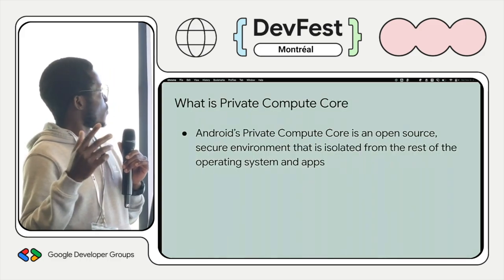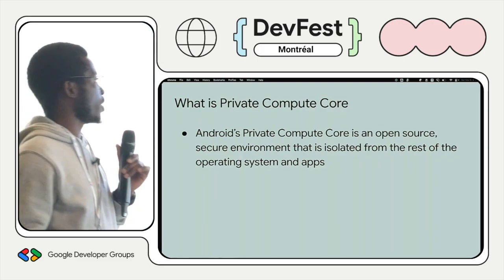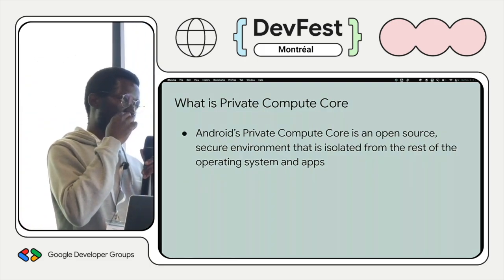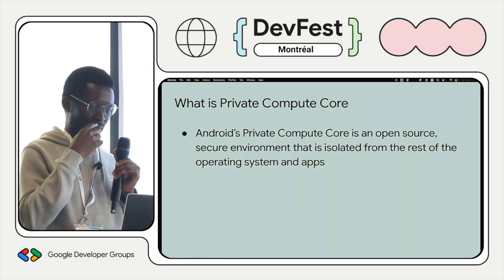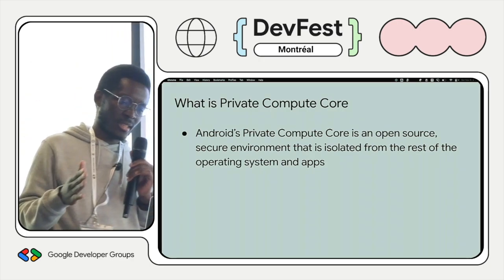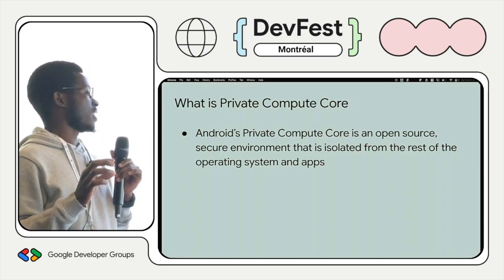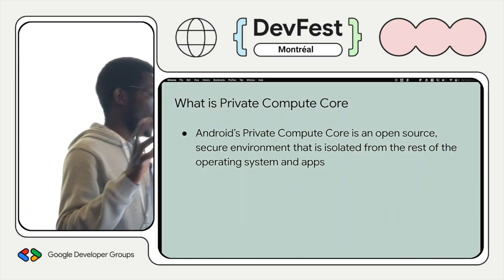So by Private Compute, what do I mean by that? It's an open source security environment that has been introduced in Android 12, if I'm not mistaken. The idea with this environment is to isolate the AI Core from the rest of the operating system and third-party applications.